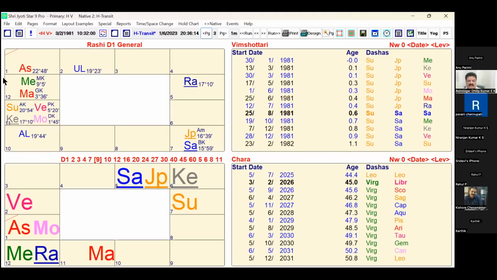Normally, when you say parivartana, we are only talking about Saturn occupying Mercury's house and Mercury occupying Saturn's house. It is not connected to a house number, right? We are only talking about rashi. Yes, that's why I was confused, Guruji. So when you say Mercury is in Saturn's zone and Saturn is in Mercury's zone, that is only parivartana.